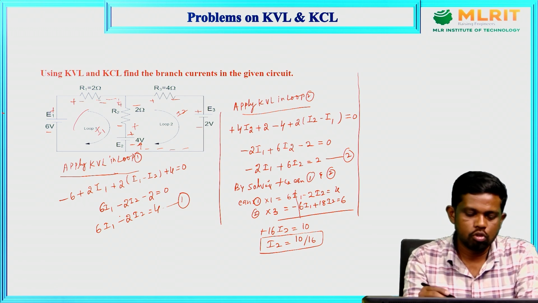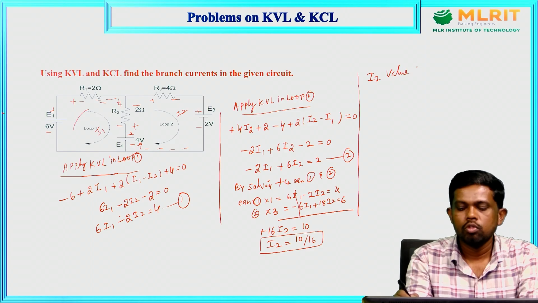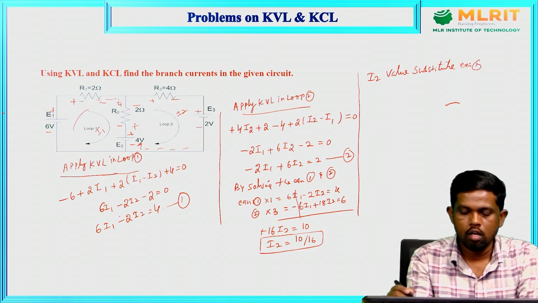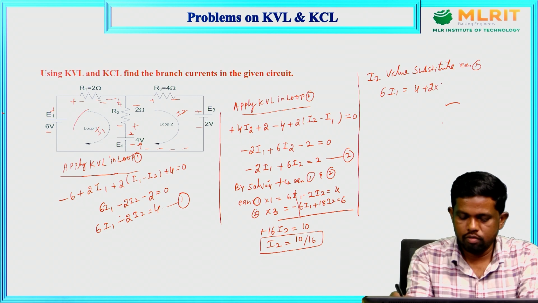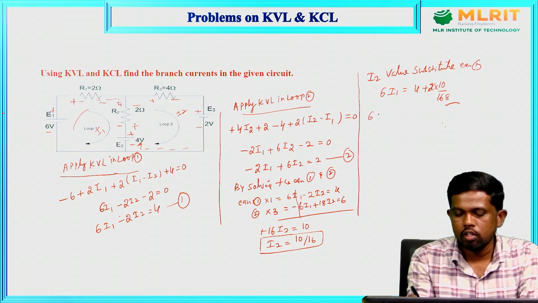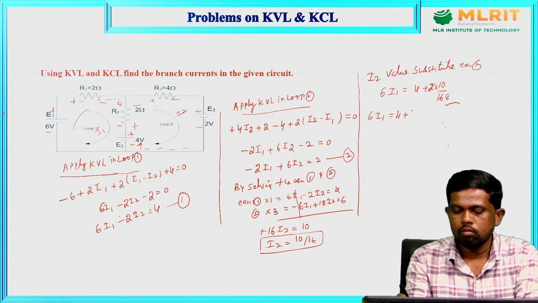Then similarly we need to find the current flowing through the other element. So this I2 value we substitute in any of the equations. I'm going to substitute the value into equation number 1. So 6I1 equal to 4 plus 2 times of 10 upon 16, which is 10 by 8.